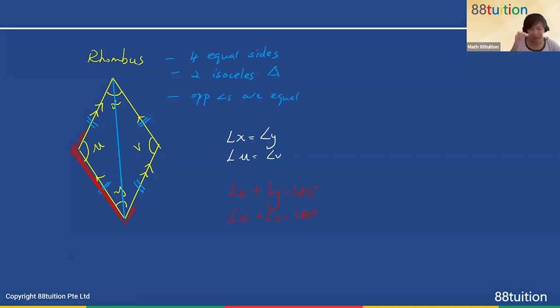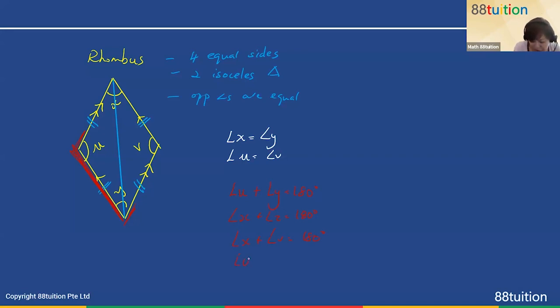Ryan, any idea? X and V, very good. Angle X, angle V. What else? Anybody can tell me what is the last pair?